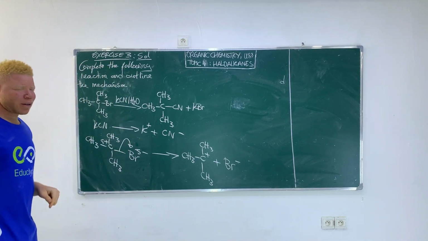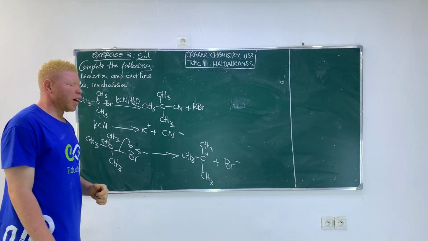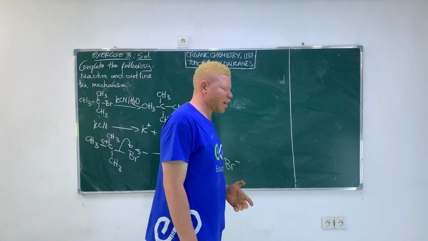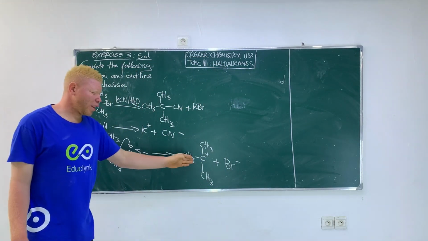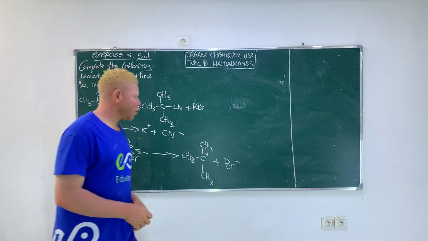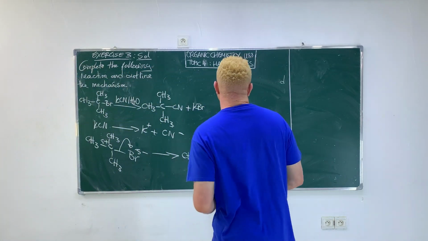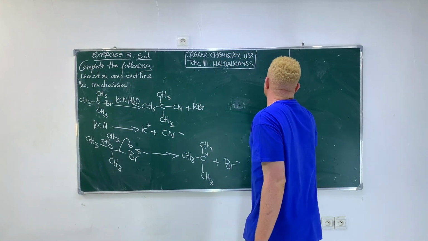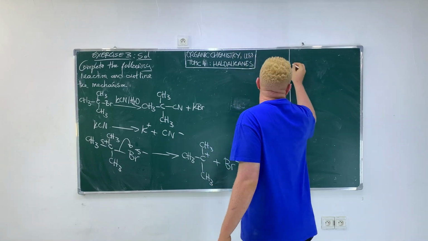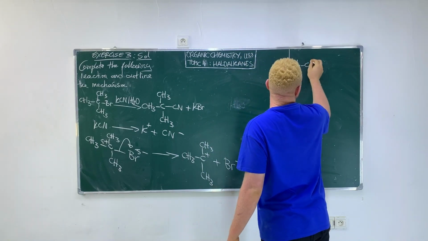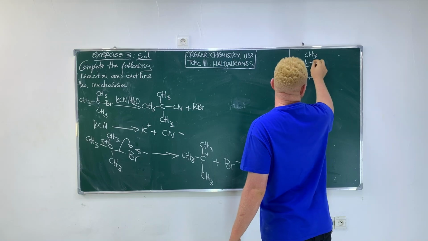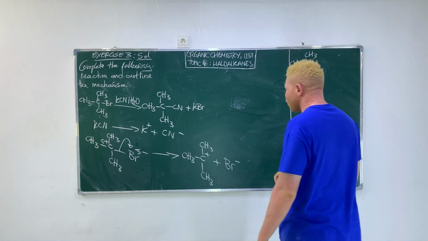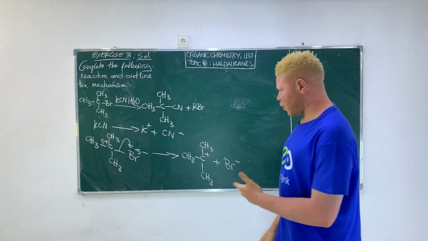So once the carbocation is formed, there is what we call a nucleophilic attack. The nucleophile, which is CN minus, is going to attack this carbocation. So I'm going to have CH3, C, CH3, CH3 plus. So that is the carbocation that is formed.